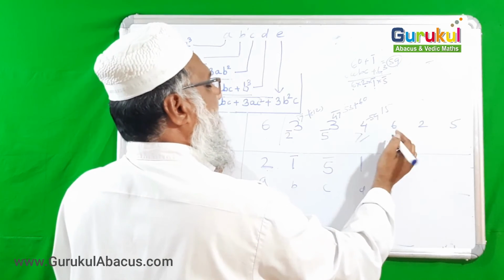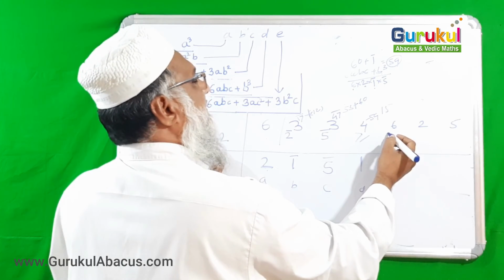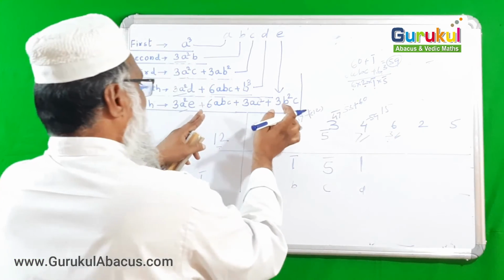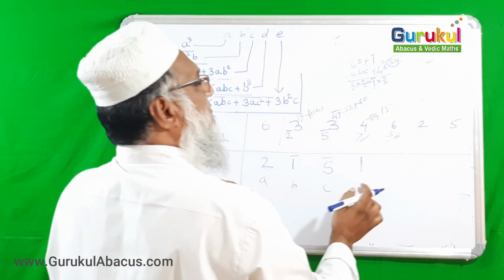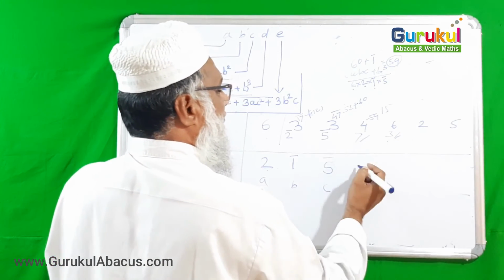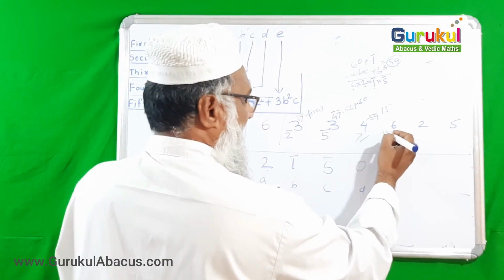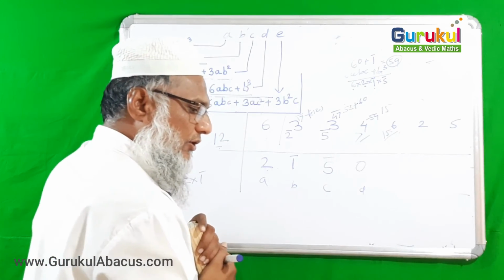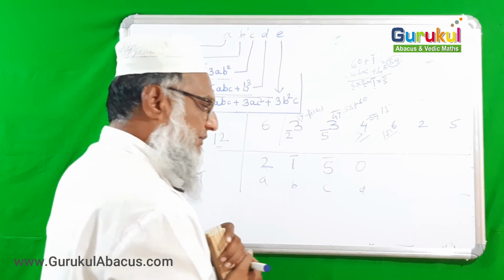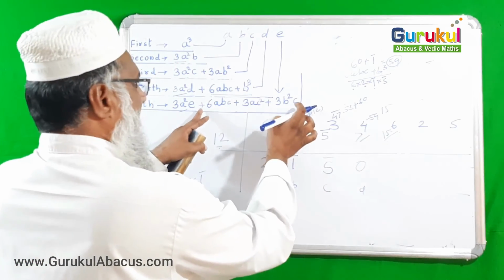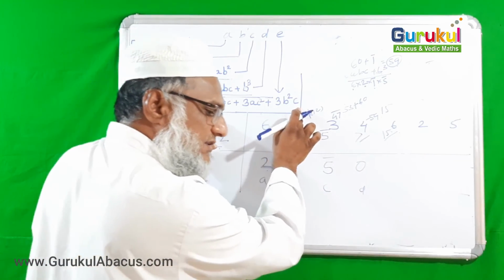Just 3 remains, but with 36 the further whole term subtraction is not possible. So here I am doing zeros, and directly all those 15 we are taking here, the whole term 156 we are taking here, and now the value of all this we are subtracting.